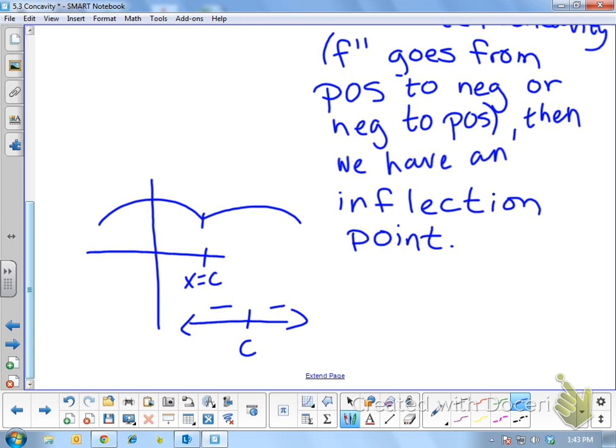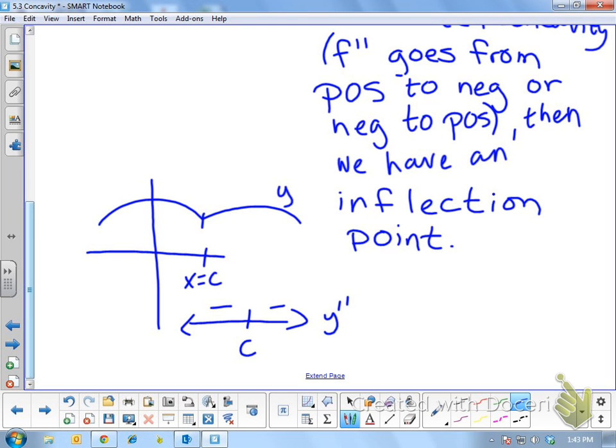How did I look at that graph and decide that went from negative to negative, if I'm doing a line test for y double prime? Because it's concave down. When we were concave down, we said y double prime was negative. They're both concave down, so they're both negative.